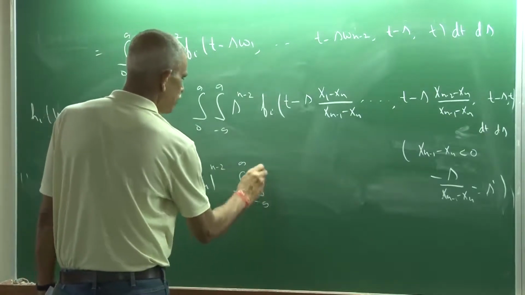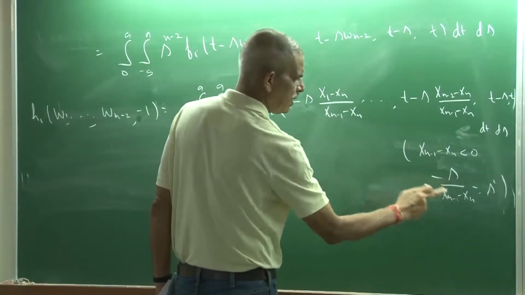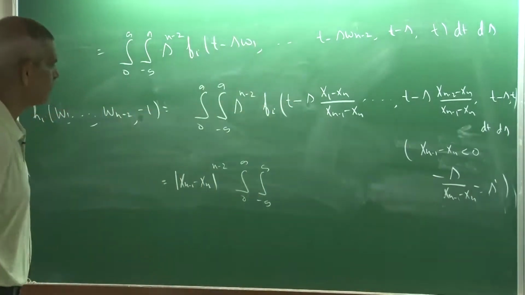Range remains the same because xn minus 1 minus xn is negative. So if s goes from 0 to infinity, s prime would also go from 0 to infinity.